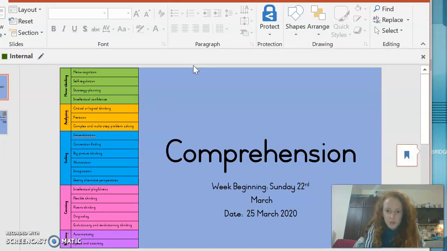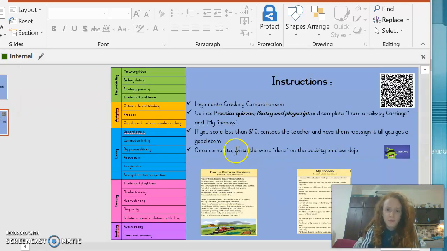Please, I posted every single login list on Class Dojo on Saturday, so your parents will be able to access it from the Class Dojo story. Find your Kraken Comprehension login, log in, and you will have to go into practice quizzes, poetry and play script and complete From a Railway Carriage and My Shadow.